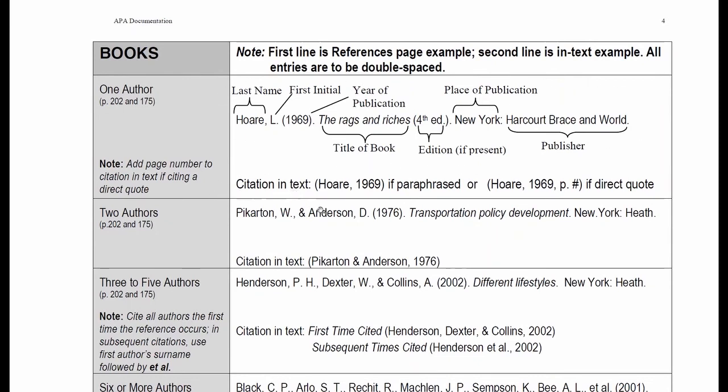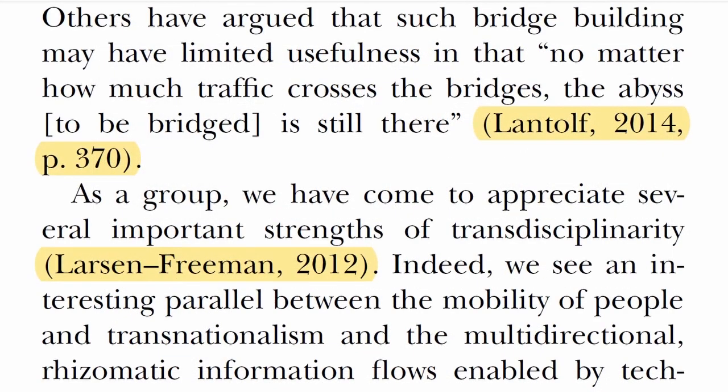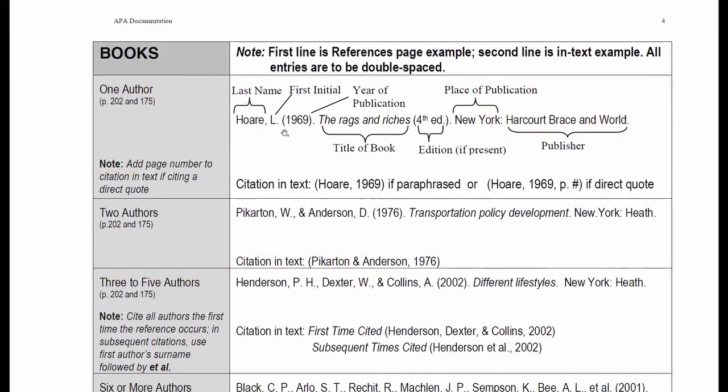However, we also have our in-text citation. This will appear in our document, and this is the way that we will cite for our reference page. You can notice that with APA style, we always want the author's last name followed by the year, both for our reference page citation and our in-text citation.